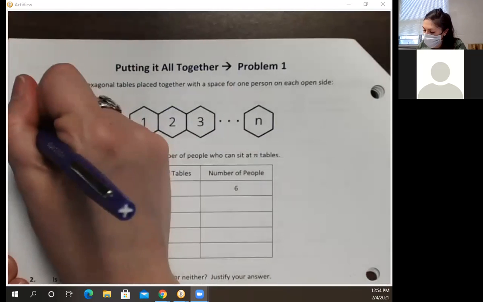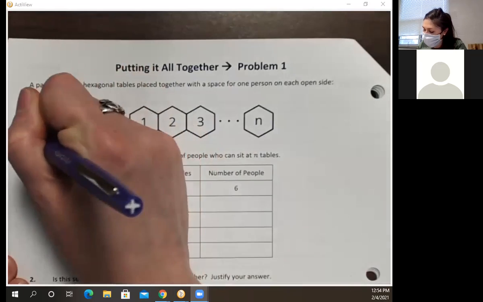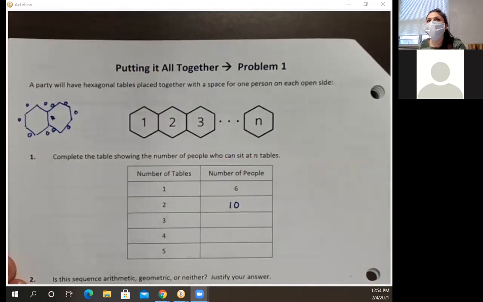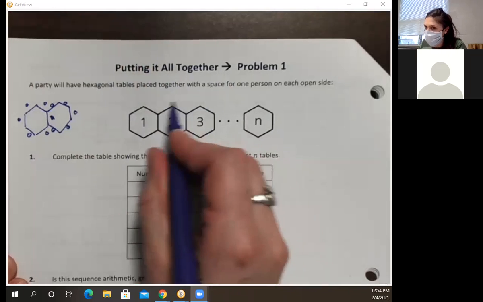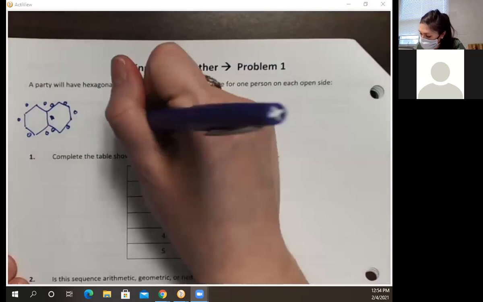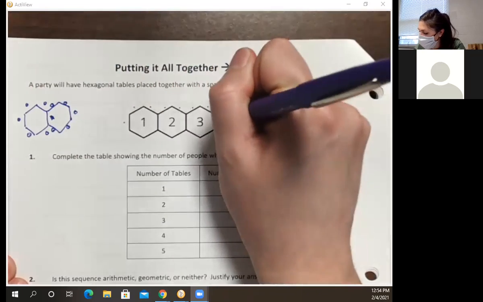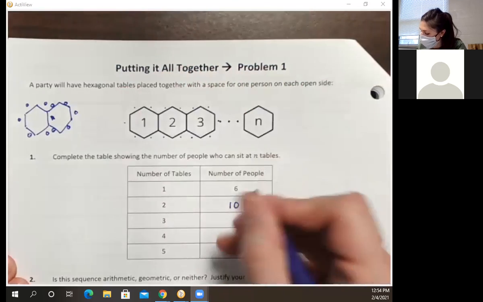So we would have 1, 2, 3, 4, 5, 6, 7, 8, 9, 10. For 2 tables, we could have 10 people. If we had 3 tables, that configuration would look like this. And I could seat 1, 2, 3, 4, 5, 6, 7, 8, 9, 10, 11, 12, 13, 14 people.